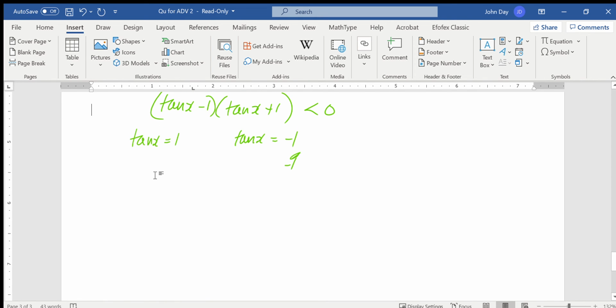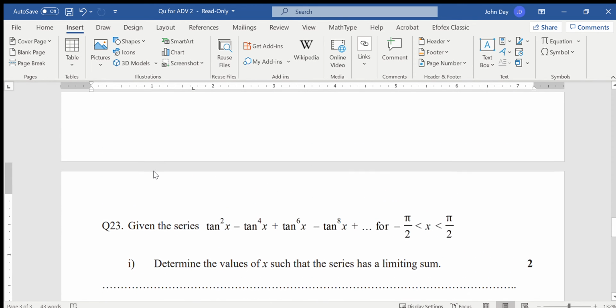Anyway, we're trying to solve tan x equals 1, which is x is pi on 4, but also 3 pi on 4, and I'll have a look what sort of numbers we're needing there by looking at the top and looking at any restrictions.